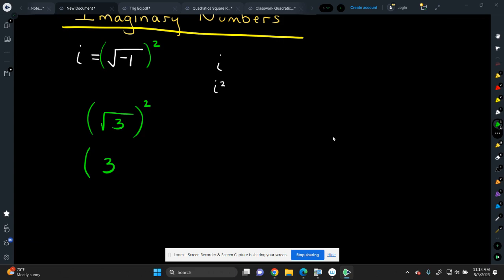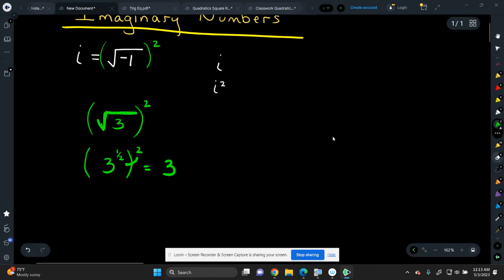What's the square root of 3 in exponent form? 3 to the power of 1/2. Everybody follow that? Okay, so what do we do with these exponents? Multiplying. What's 1/2 times 2? 1. So this is just 3 to the first, or just 3. Anytime we square a square root, the square root just disappears. And it's just the number that's inside it.